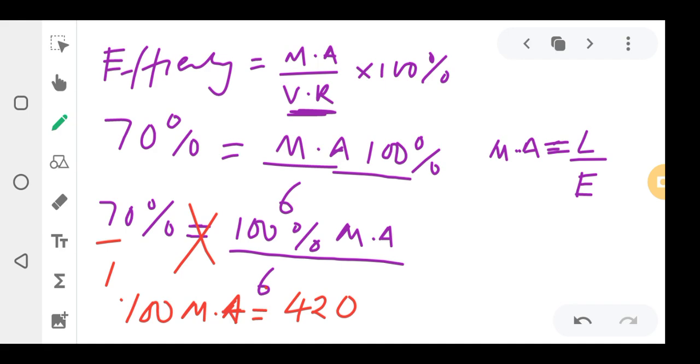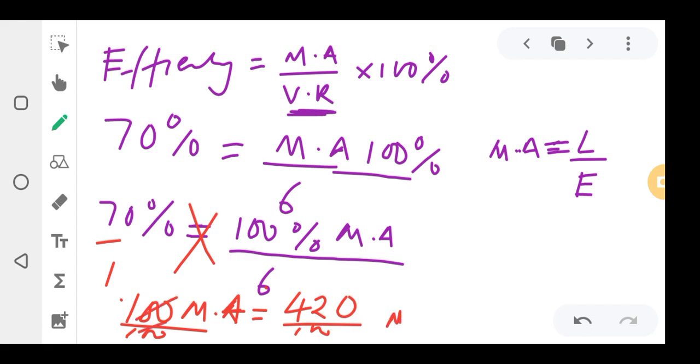So when you reach here, you divide this side by 100, even this side by 100. This 100 goes, this 100 goes.